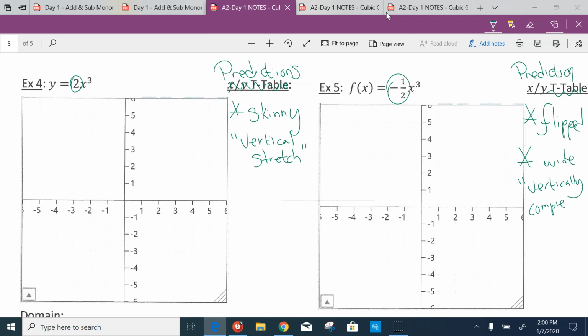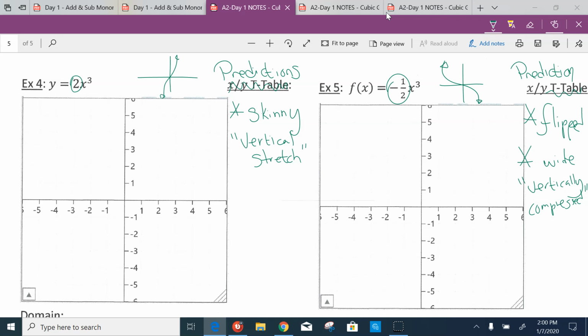Push them towards each other, like if you're in a trash compressor. So I should get a graph that is going downwards but wider. That's way over dramatic, but it's going to be wider than normal. This one should just be still positive but really skinny and shoot up pretty fast.